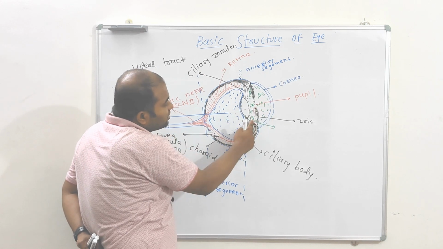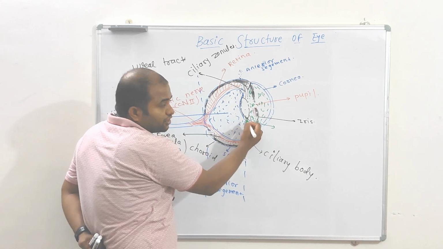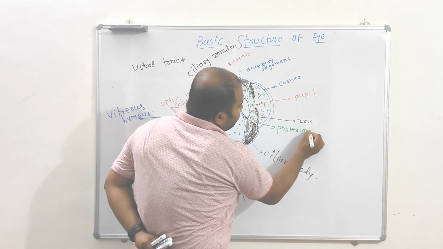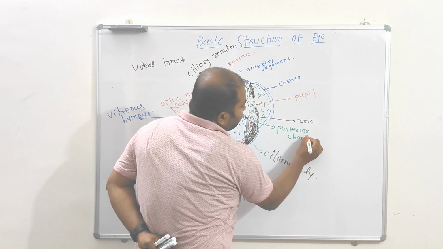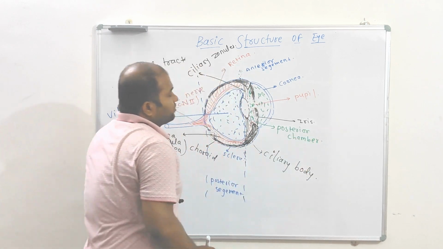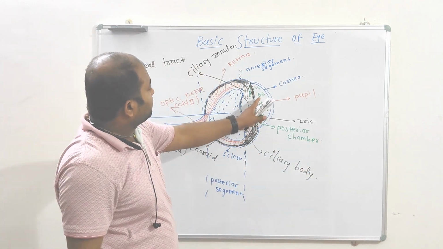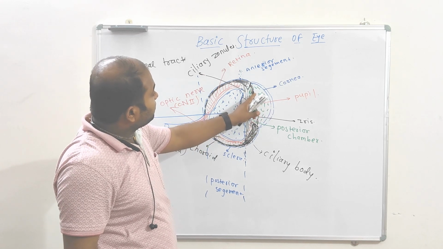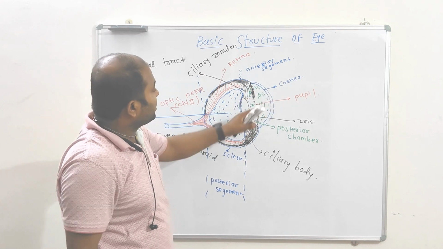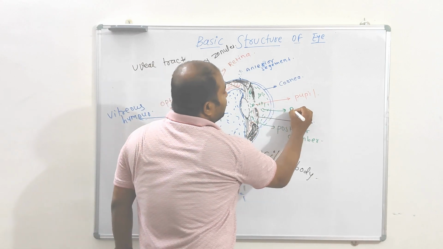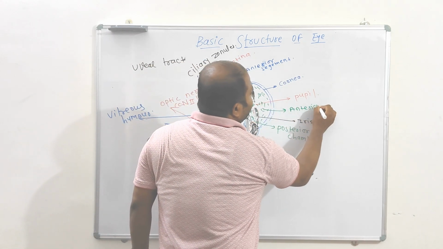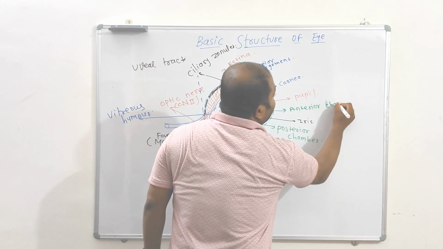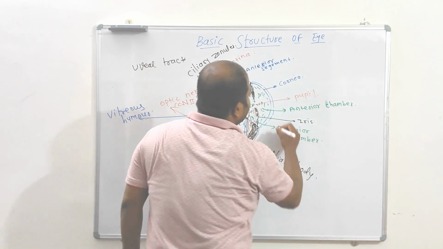Compared to the two, this one lies posteriorly, so it is called the posterior chamber. And the region between the cornea and iris is called the anterior chamber, right?